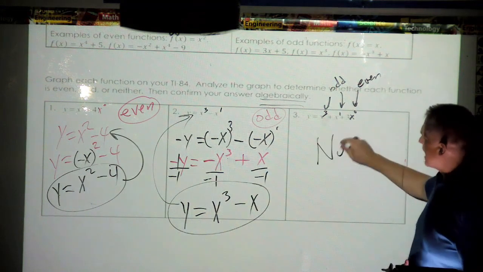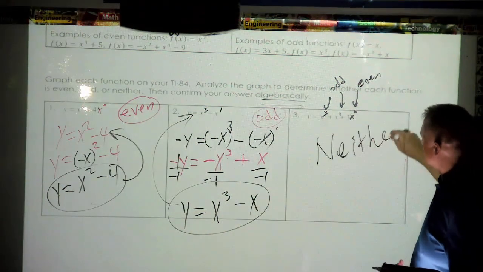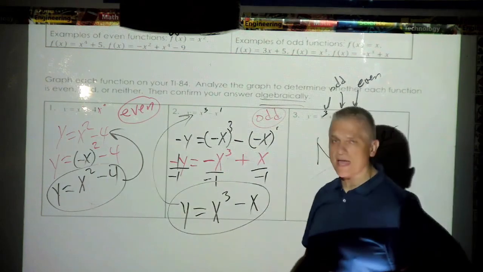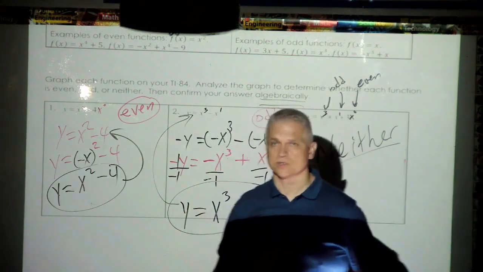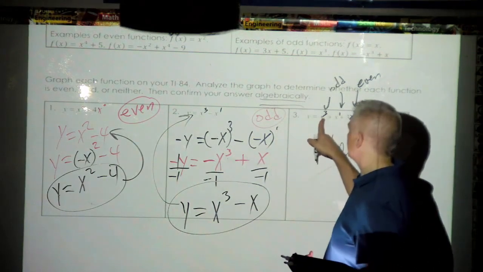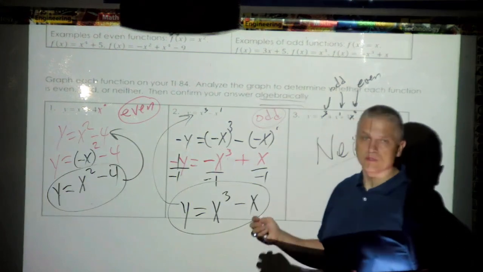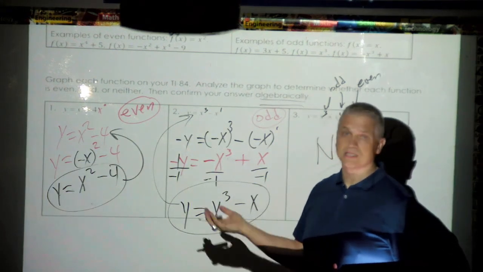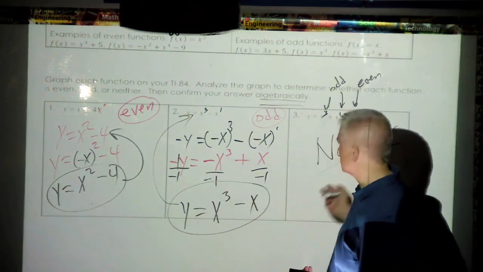This is neither odd nor even. This is not symmetric to the y-axis. This is not symmetric to the origin. And if you did the negative x for x, it would not come out the exact same as your original. If you switch the x and the y, it also would not come out the same as the original.